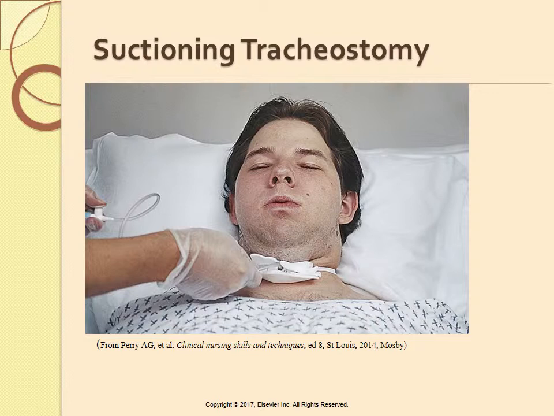Next step, you're going to provide pre-oxygenation for a minimum of 30 seconds by adjusting the ventilator to deliver 100% O2. You're going to use a reservoir-equipped manual resuscitation bag connected to 100% oxygen, and you're going to ask the patient to take 5 or 6 deep breaths while administering the oxygen.